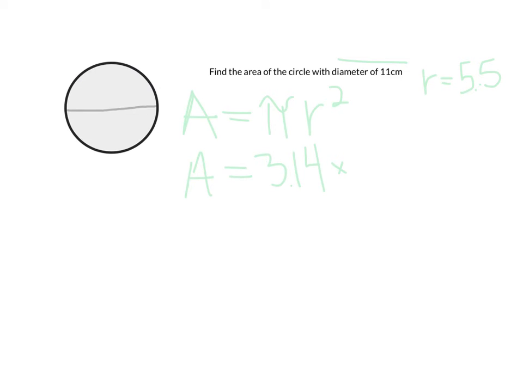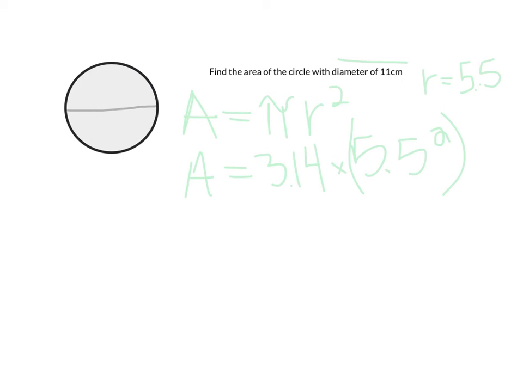Okay, so we substitute that in. So it's 5.5 squared. Now the squared part only goes with the 5.5. So you need to figure out what 5.5 squared is, because it's not 3.14 times 5.5 and then squared.